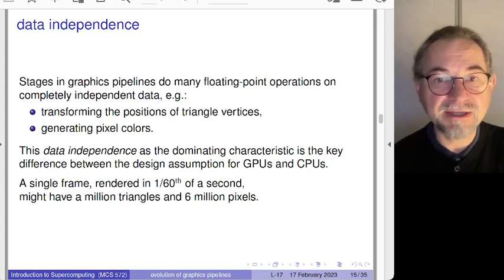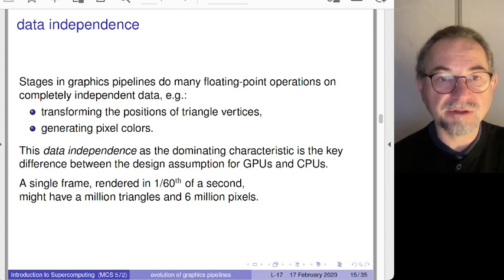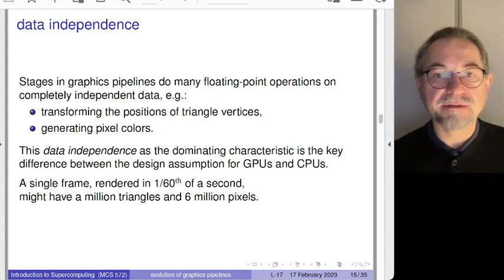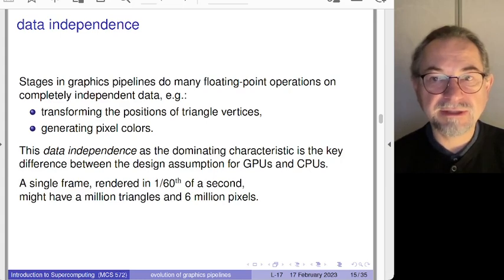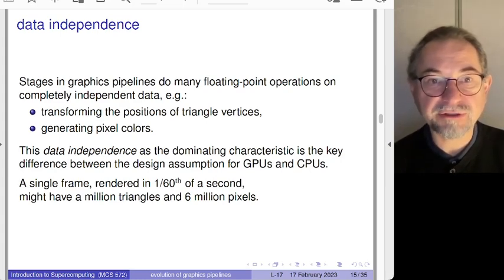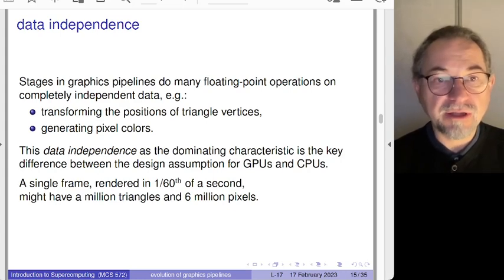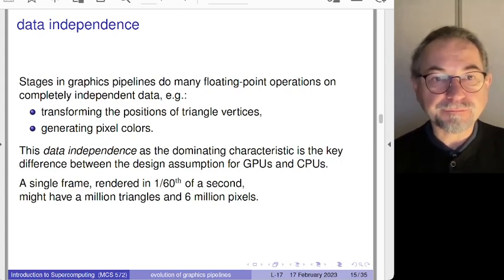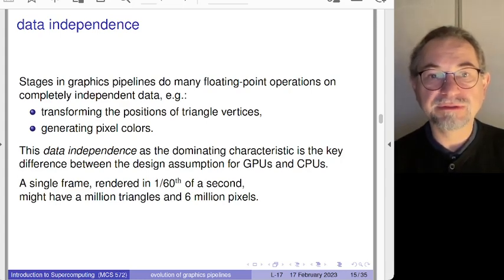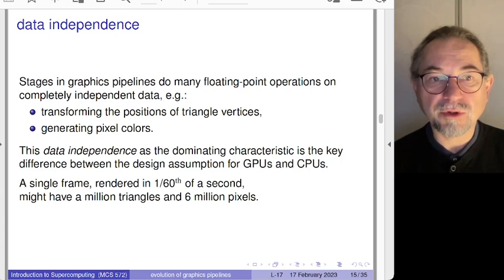So we have the key notion of data independence. So I mentioned data parallelism in the previous lecture as one of the main prerequisites for GPU acceleration. So the stages in the pipeline, they do many floating point operations, but they do them on completely independent data.